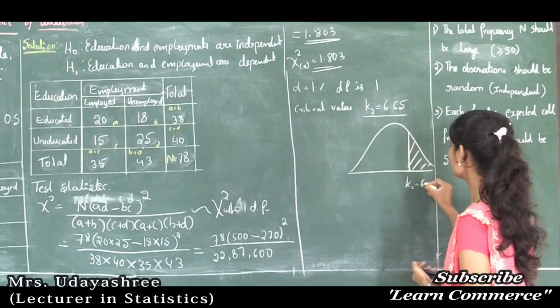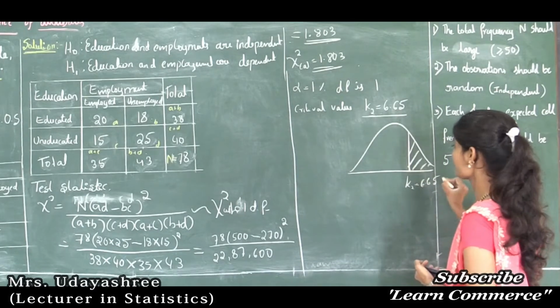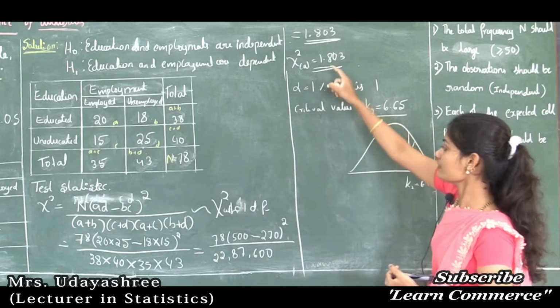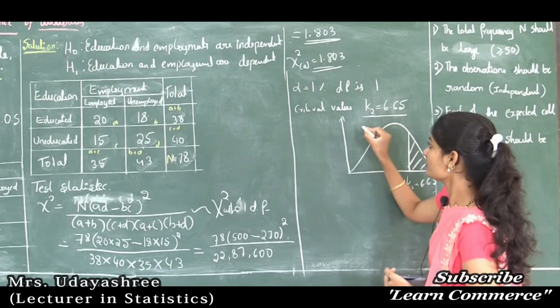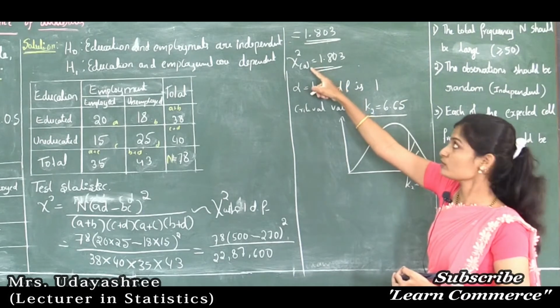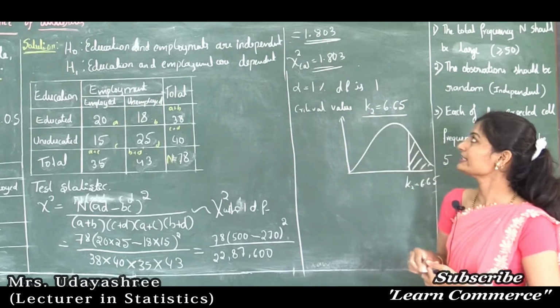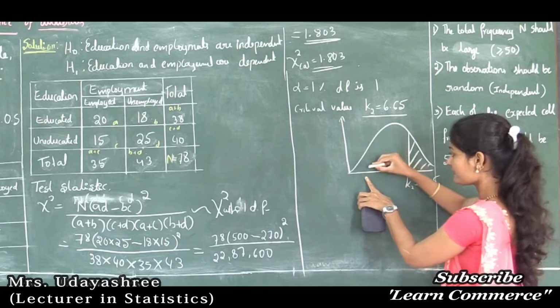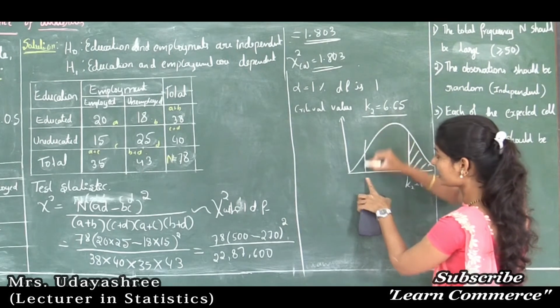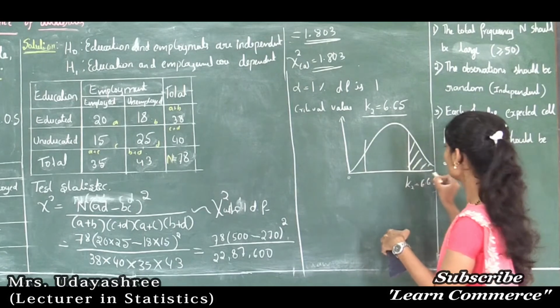So the K2 value is 6.65. And what is the chi-square calculated value? It is 1.803. That value comes here, because the range of the chi-square distribution is 0 to infinity.